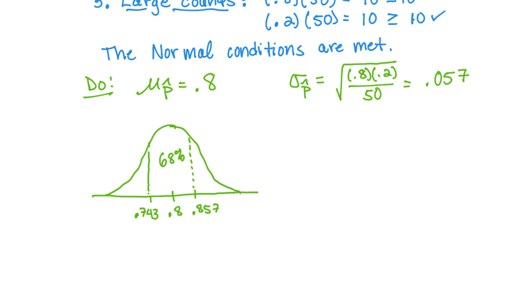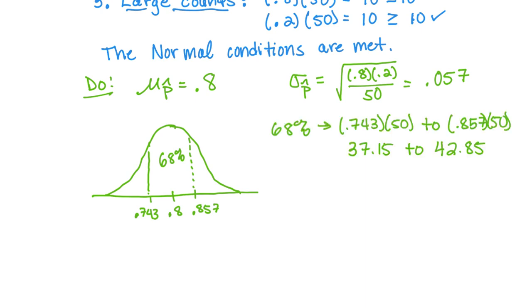What we want to do is figure out a range here. Within 1 standard deviation, we've got about 37 to 42 cars we would expect to be speeding. So what that means is 68% of the time, we should see somewhere in that range.